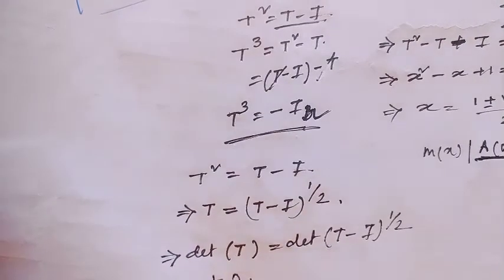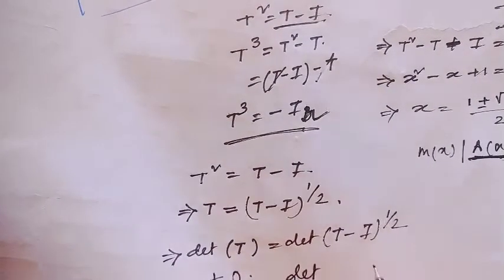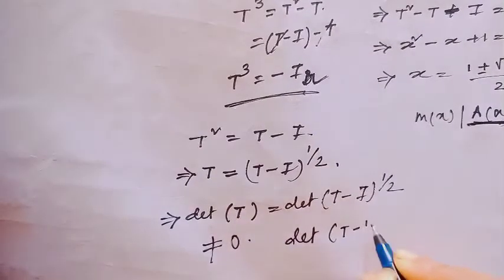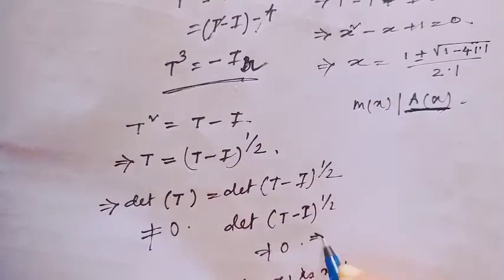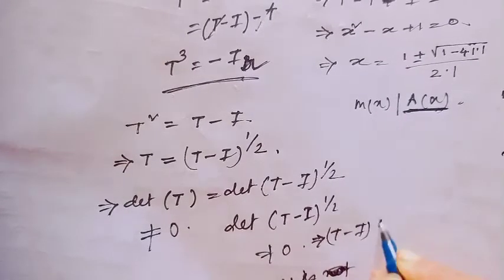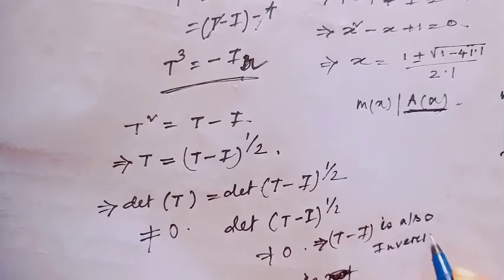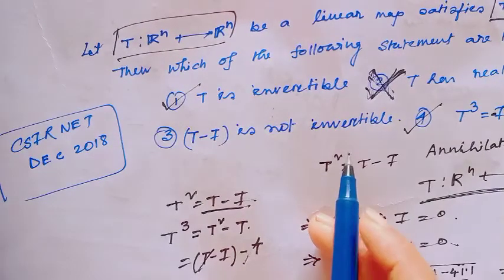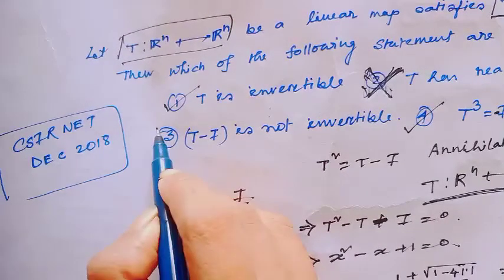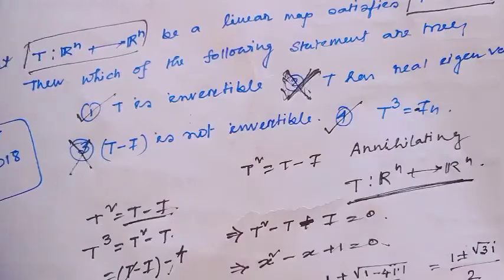Since the determinant of T is non-zero, this implies the determinant of T minus identity to the power half is always non-zero, so T minus identity is also invertible. Option 3 says T minus identity is not invertible, so option 3 is a wrong option. Only option 1 and option 4 are right options.